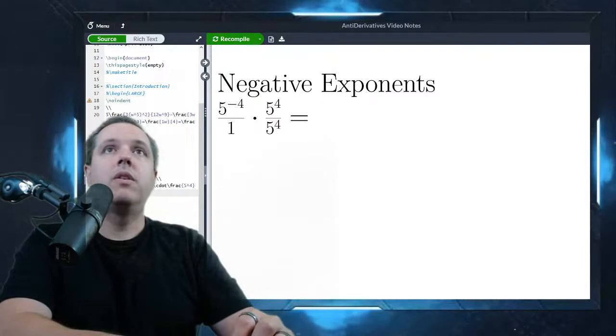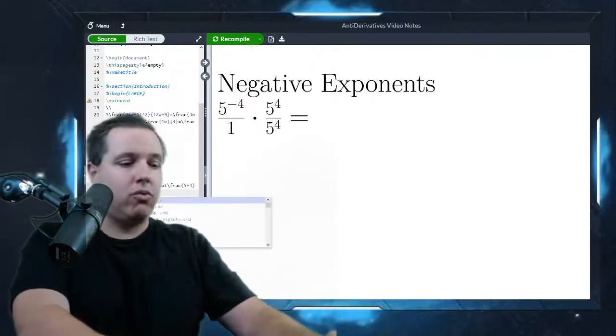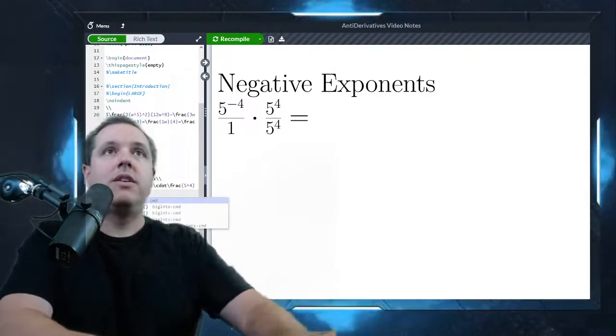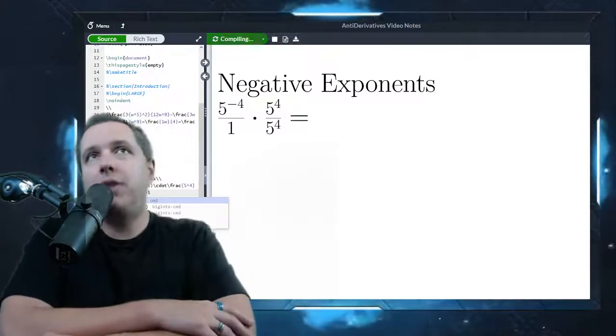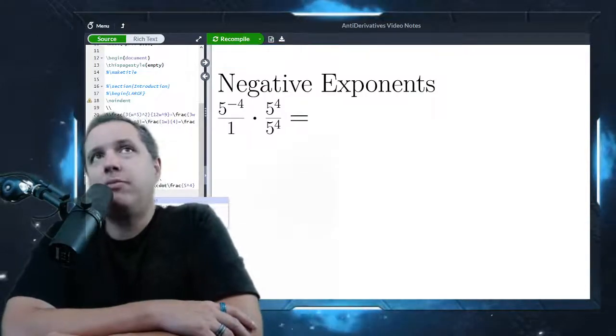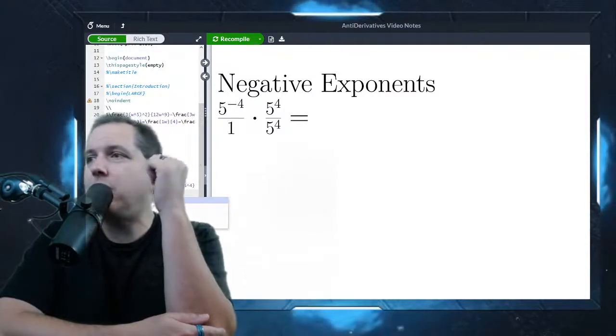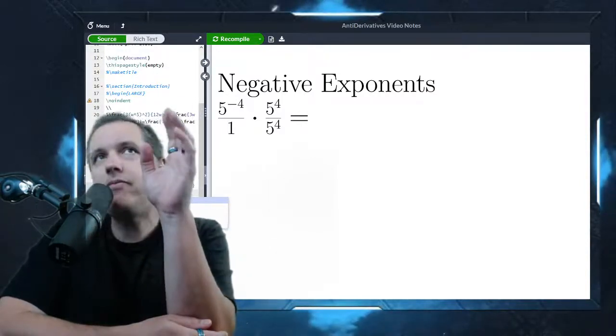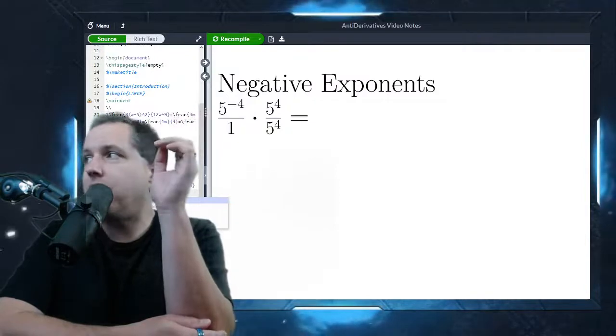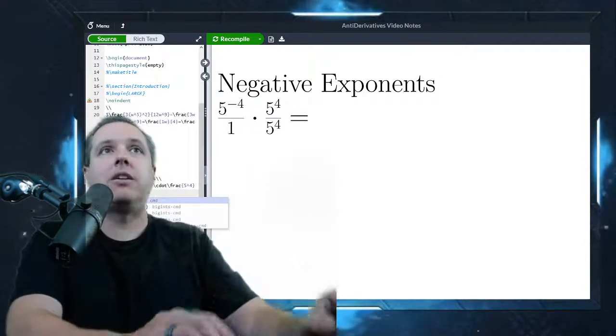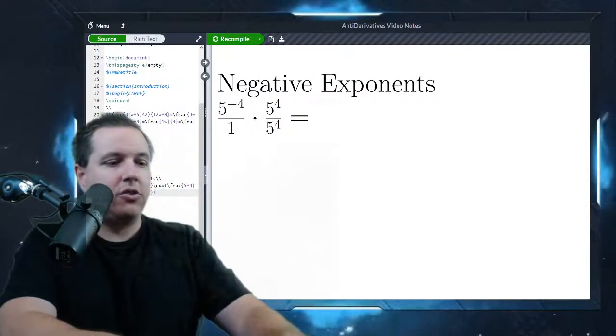Okay, well, let's use our rules of exponents to do this. If I multiply across the top, 5 to the negative fourth times 5 to the fourth, which exponent rule am I using there? Do I multiply those exponents or do I add them? Hopefully you're saying to yourself, add them, because that's correct, which would give us 5 to the 0.